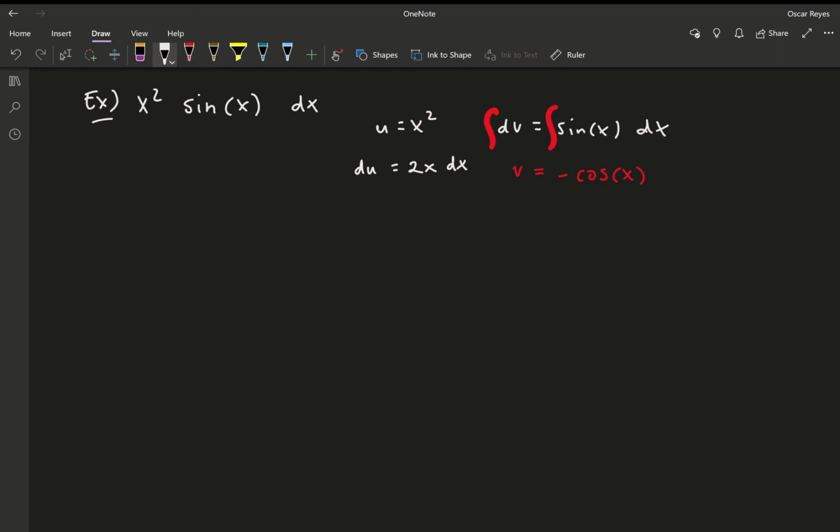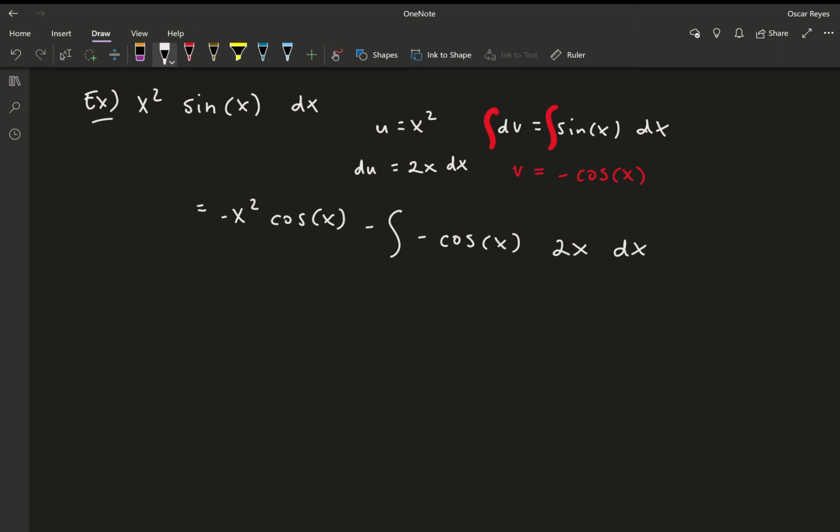Okay, so now if we put that into our formula, we have this whole thing equals u, which is x squared, v, which is negative cosine, so negative cosine of x, minus the integral of v du, which is 2x dx.